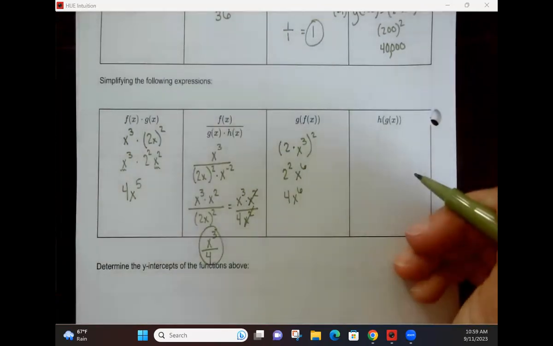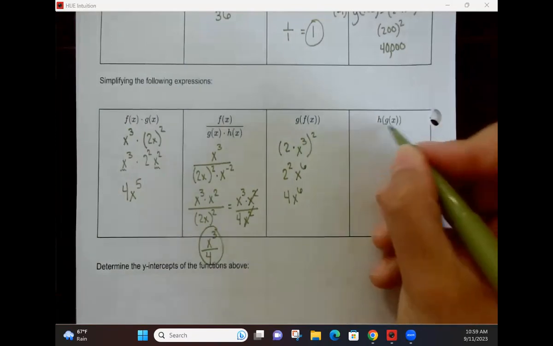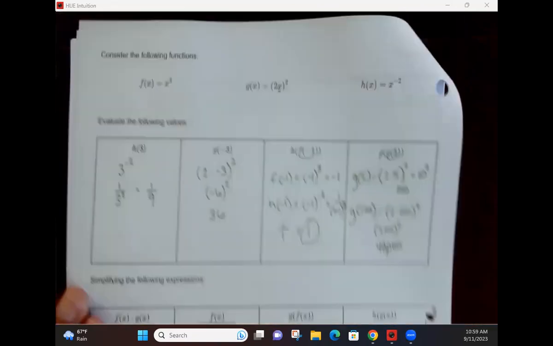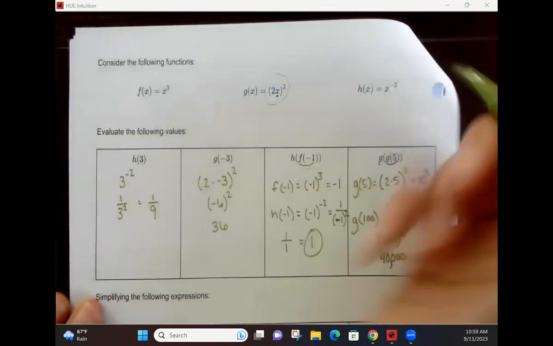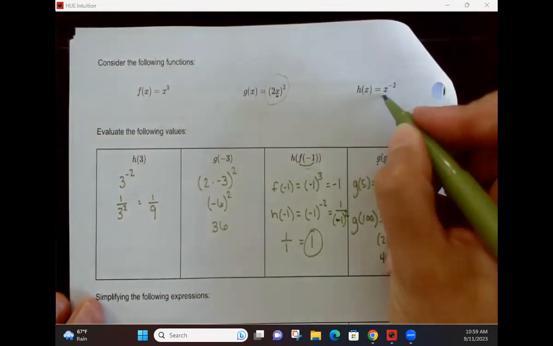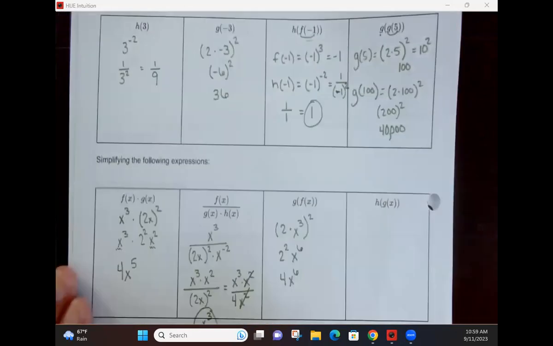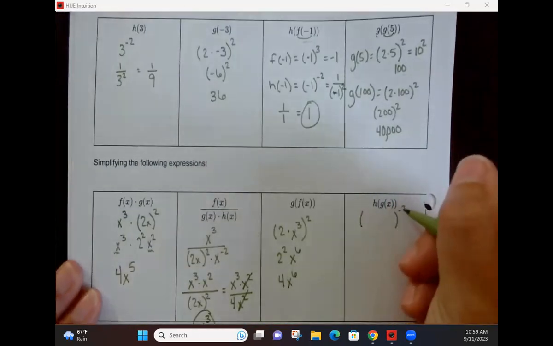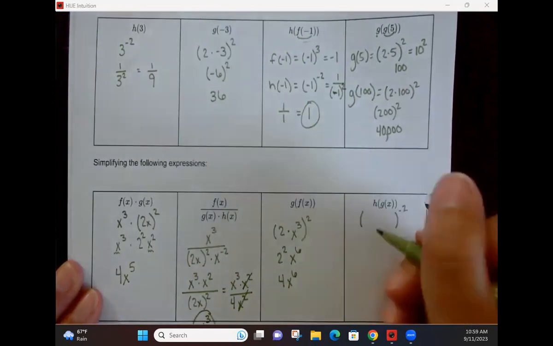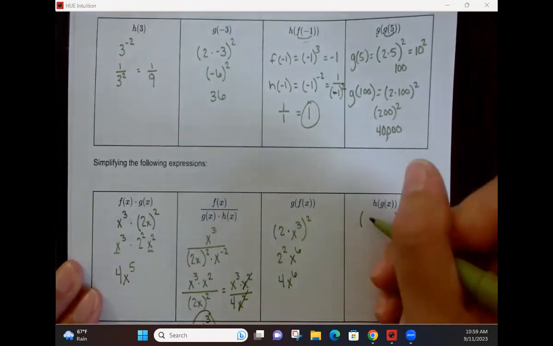Our last composition, same idea. I've got g of x inside here. So if I look at the top, here's g of x. I'm going to plug this whole thing in for x in h of x. So this would be x to the negative second power for h of x. And then plugging in for x, I put g of x.